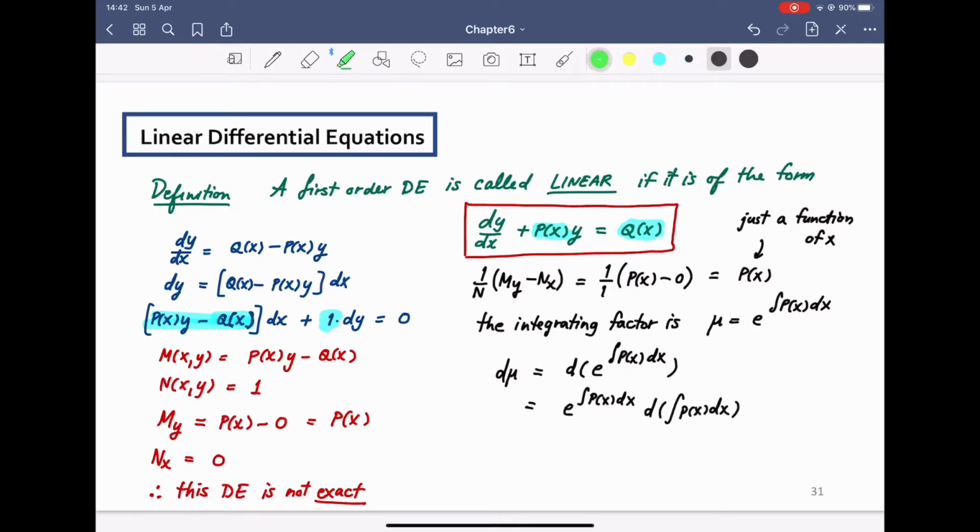When you differentiate e to the u, you get e to the u du. The differential operator and the integrating operator cancel each other, so you have p(x) dx left. Because e to the integral of p(x) dx is just mu, this is going to be mu p(x) dx. We're going to use this later.